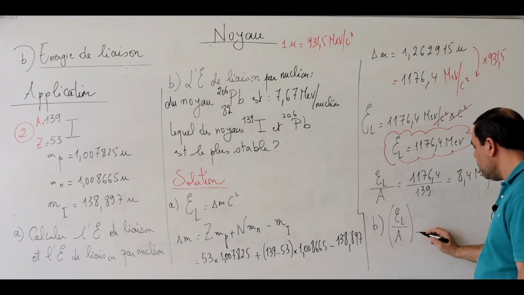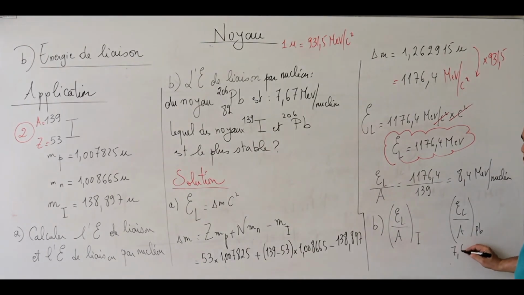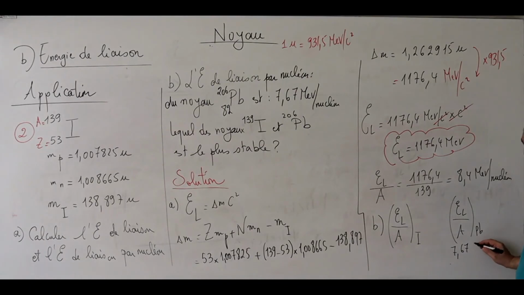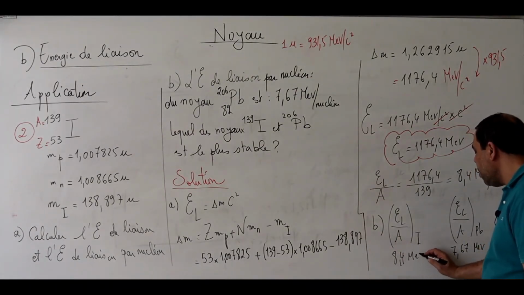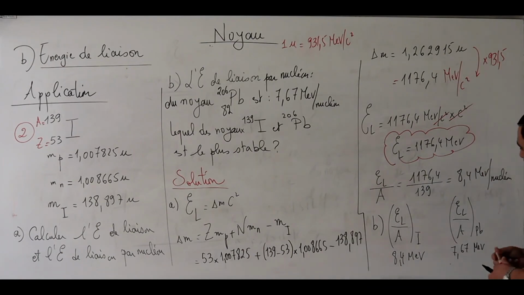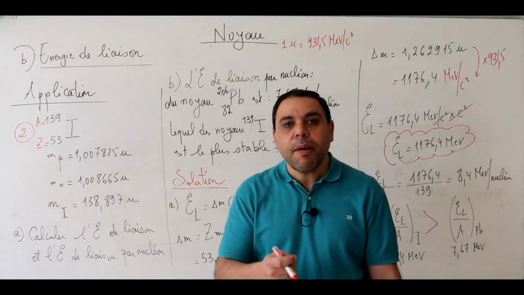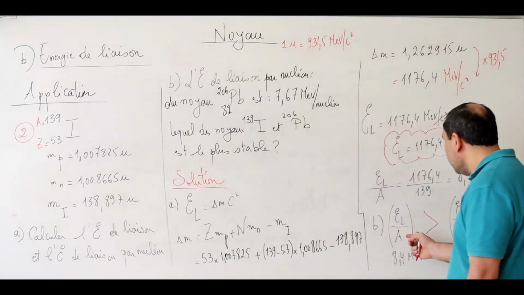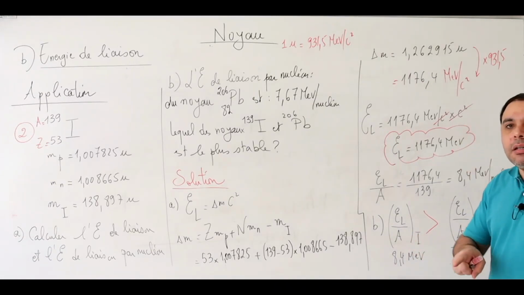When comparing the binding energy per nucleon for the iodine and the lead nuclei, this is 7.67 mega electron volts, and this is 8.4 mega electron volts. This is greater than this. Hence, we need more energy to separate a nucleon from iodine. Therefore, iodine is more stable than lead.